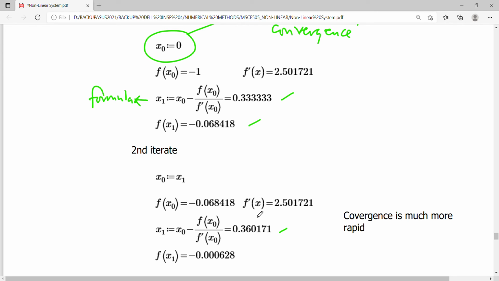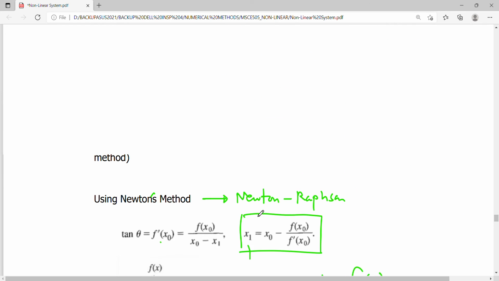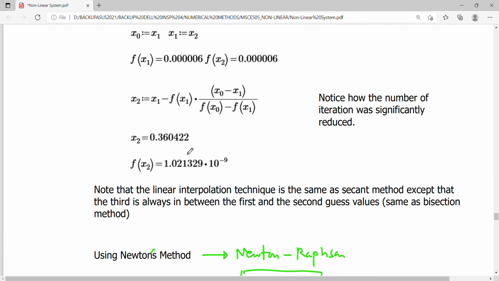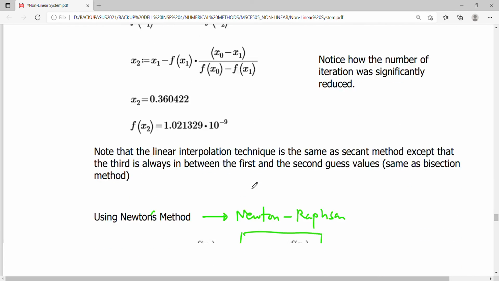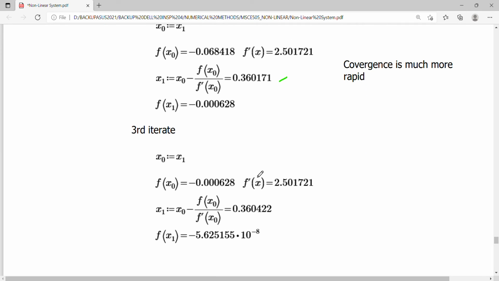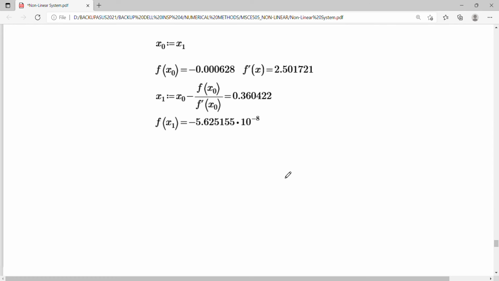So it jumped to a value very near the final value here on the fifth iterate of the linear interpolation technique. Okay, just on the second. And on the third, of course, it has the match, no, the efficiency and convergence of the secant method or the linear interpolative method.